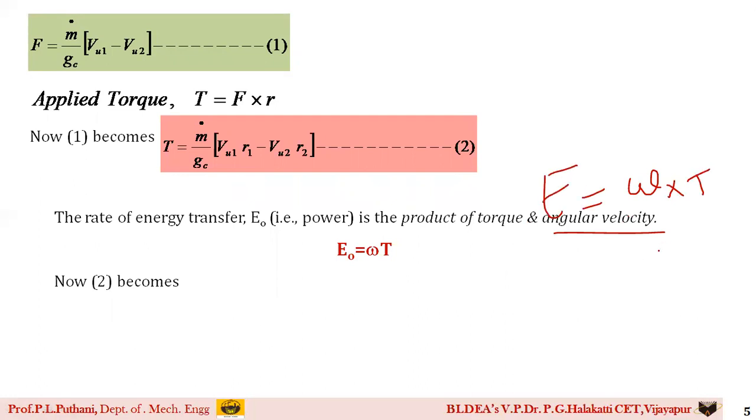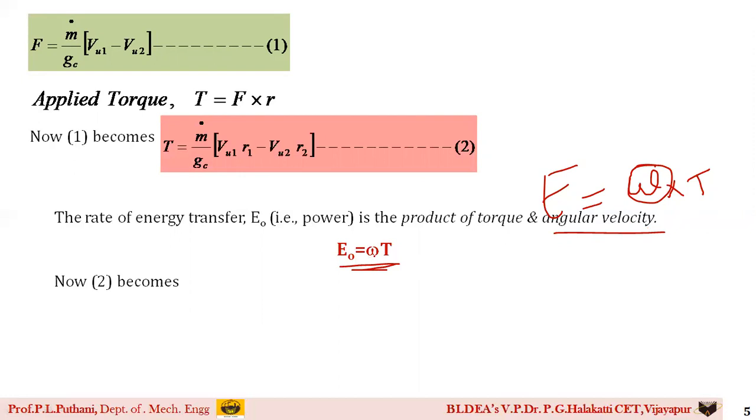Why? Angular velocity is in radians per second, and torque is in Newton meters, so the resulting unit is in joules. So we get the rate of energy transfer as E naught is equal to omega into T.